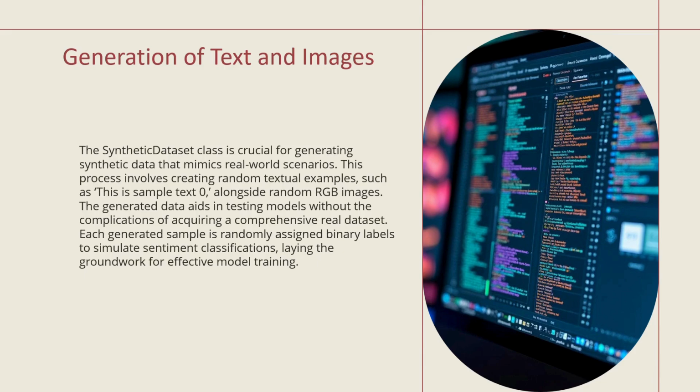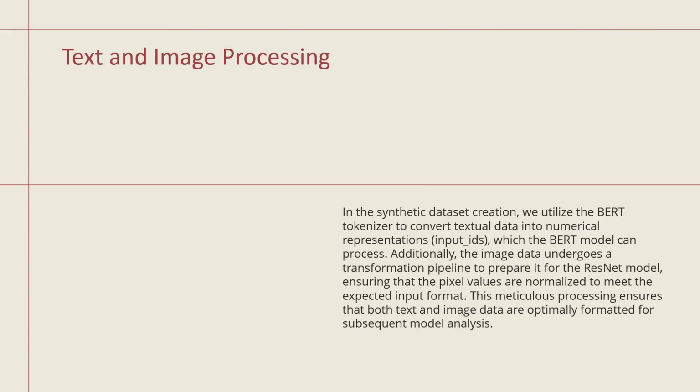Now, the goal is to predict if the sentiment expressed in both the images and text is positive or negative. There's one more reason I used synthetic data: I tried to use real life data, but it was so large that my machine couldn't process it. That's why I shifted to synthetic data.